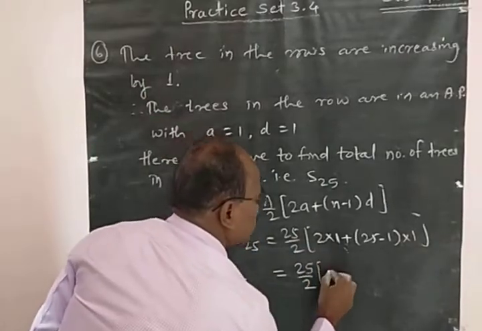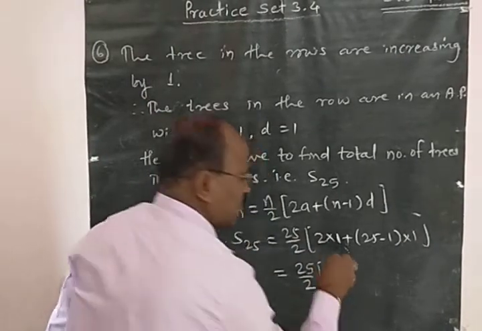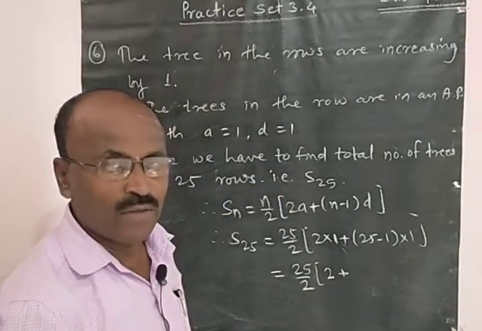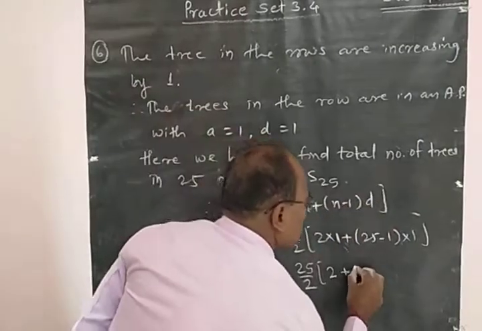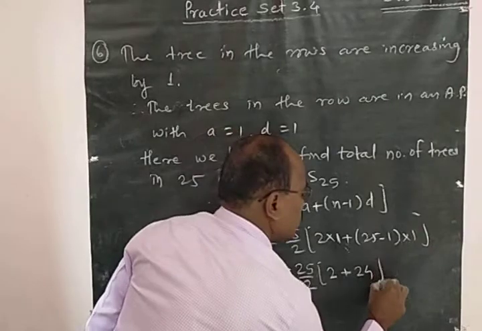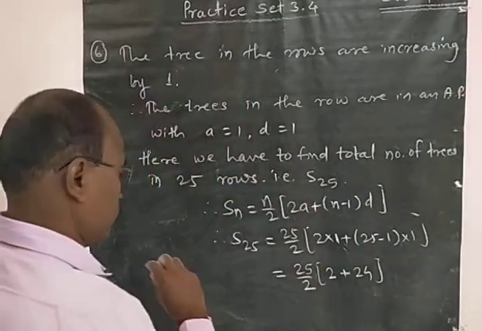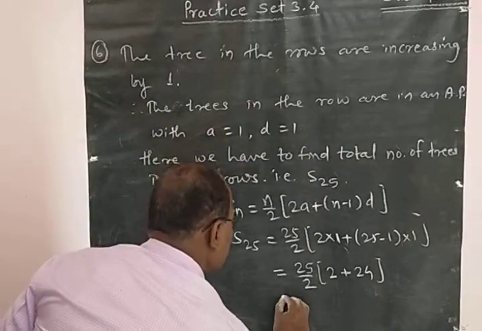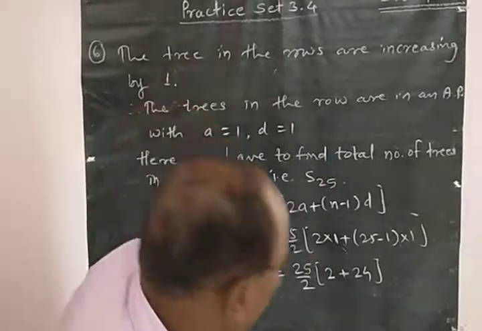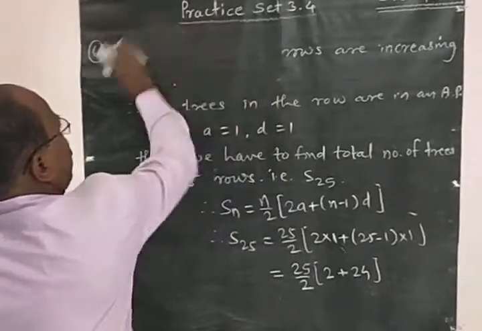So 2 into 1 is 2 plus 25 minus 1 is 24. So this one into 1, that means 24. That is equal to, what will we get here?